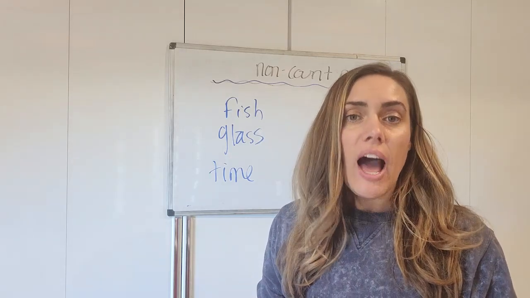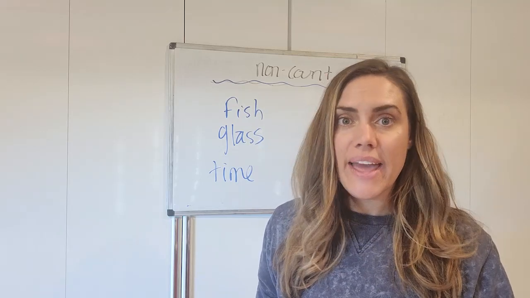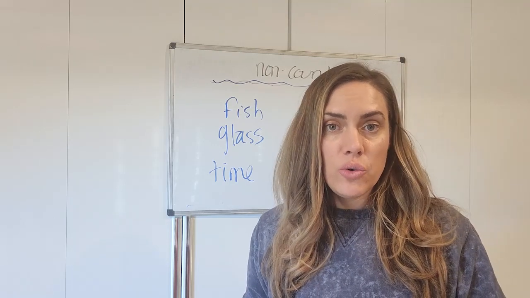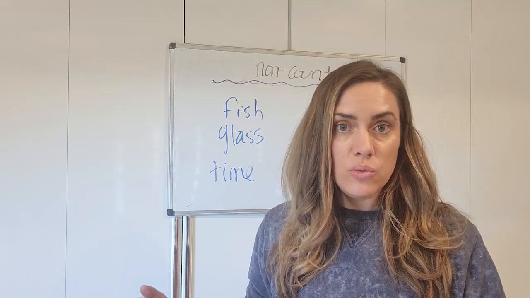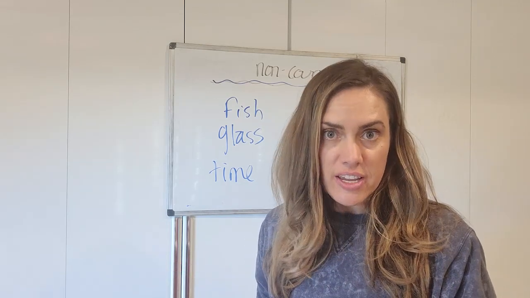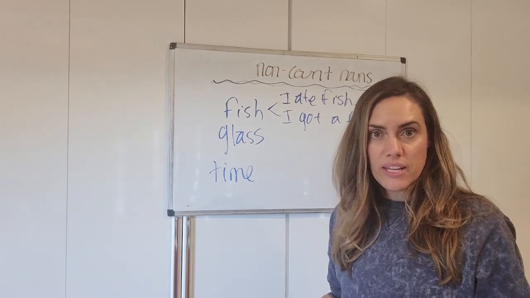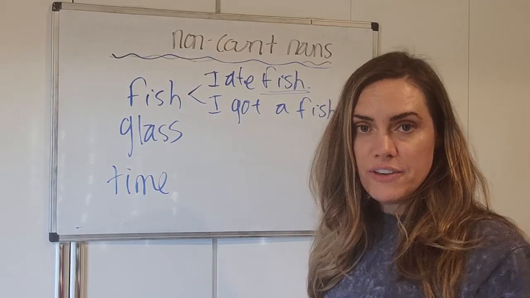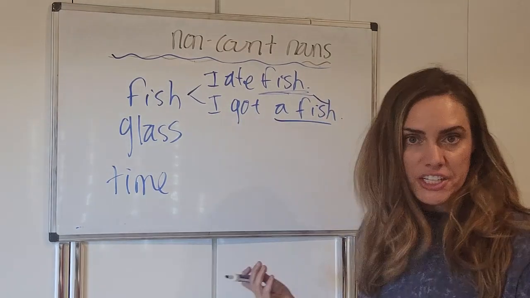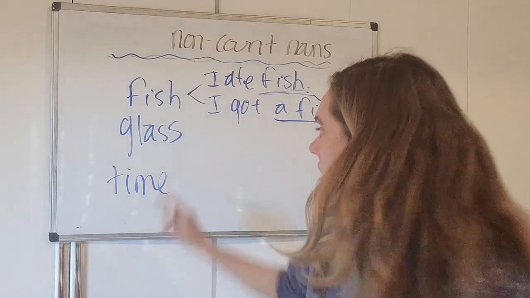You can say, I ate fish for dinner. Non-count. But if you want to say that you went to the store and bought one to put inside your fish tank, you can say, I bought a fish, right? Like with these examples. I ate fish, non-count. I got a fish from the store to put in my fish tank.